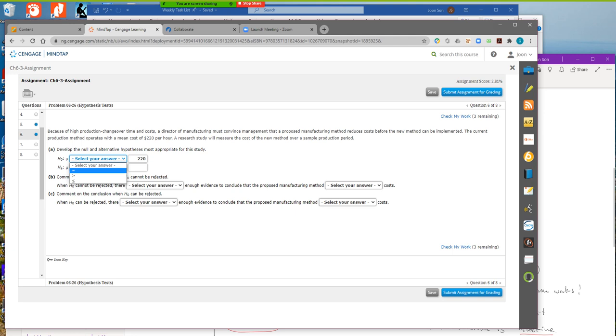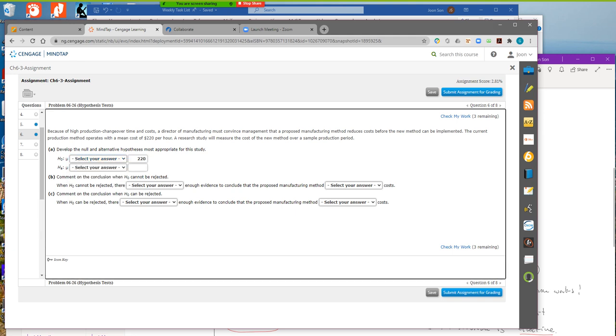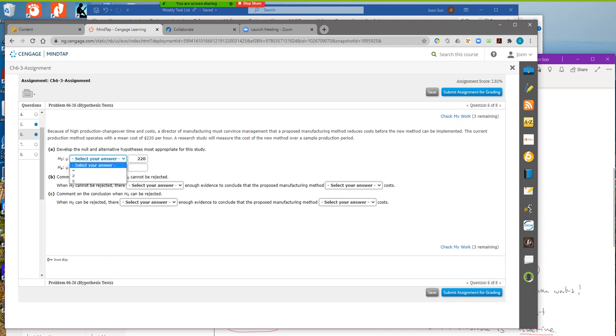In this case, equal, yes, I think you can say equal, but I think the better answer is, hold on. I think it's the mean. The current method, they think that the mean cost is $220 or more.